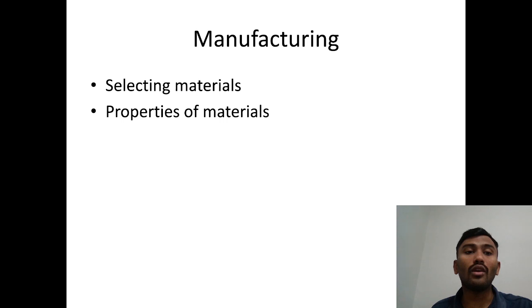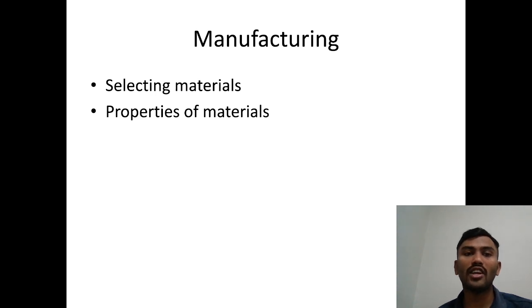Why? Because based on the material selected, the manufacturing process you choose is important. Based on the material selection and the properties of the material, it will indicate which manufacturing process you are going to do, which type of molding or which type of welding is suitable for the material you choose.